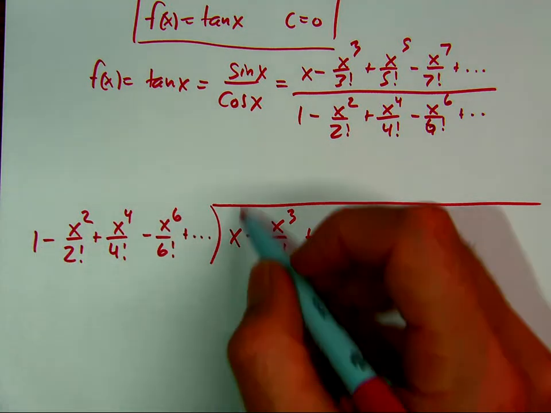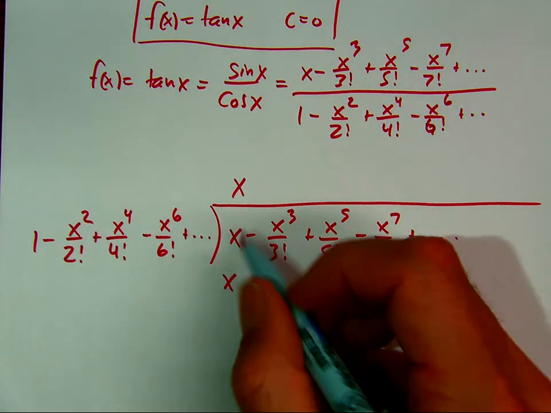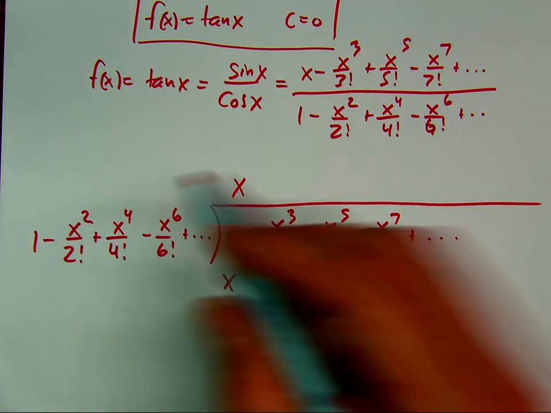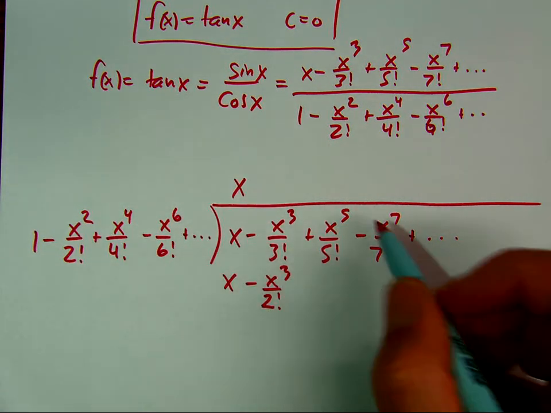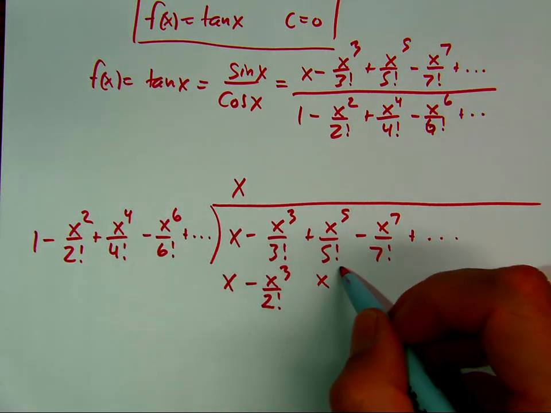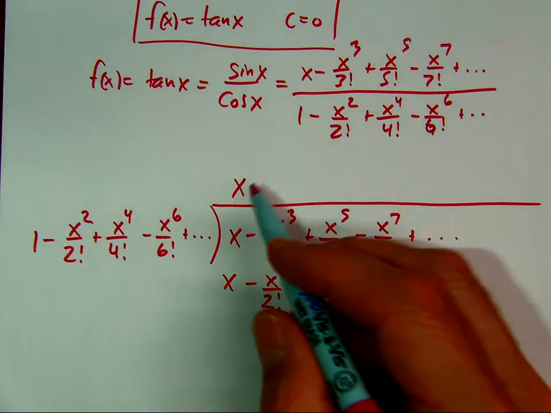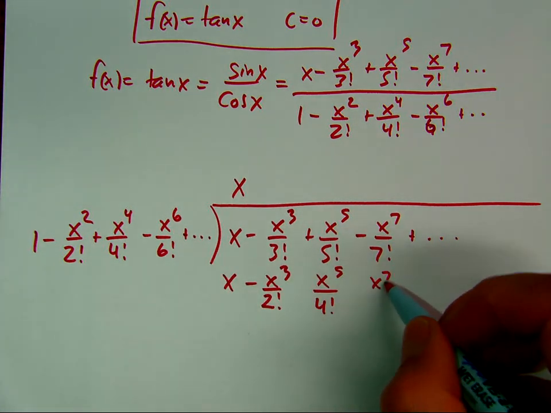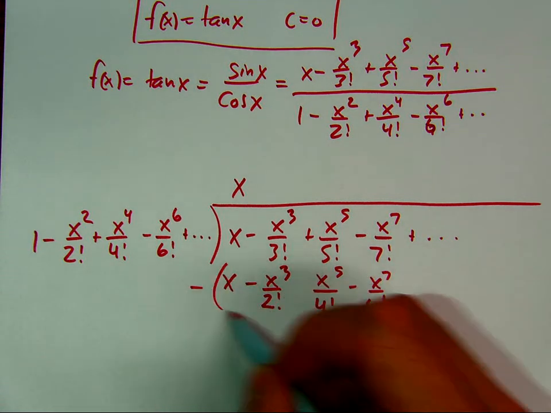So we'll multiply by x. X times 1 is x. X times x squared is x cubed. X times x to the 4th is x to the 5th over 4 factorial. And then x to the 7th over 6 factorial. We have to subtract.